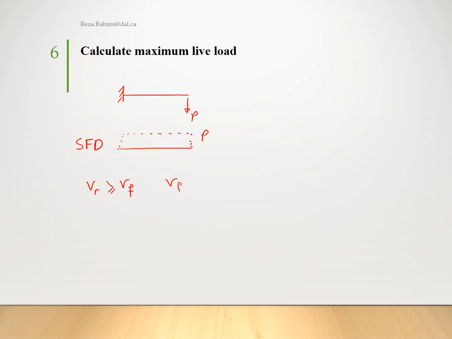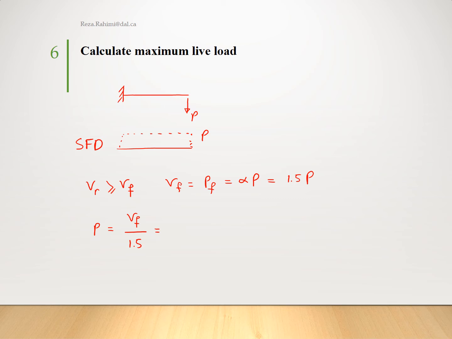we know that VF is equal to PF here, which is equal to alpha P, and we know that alpha is 1.5 because the factor of the live load is 1.5. And now we can find P. P is equal to VF over 1.5, and the maximum value for VF is VR.